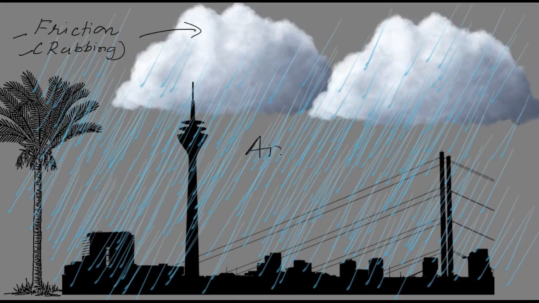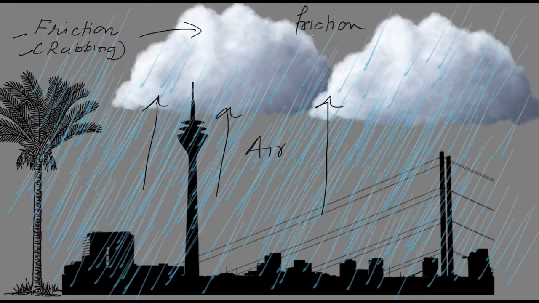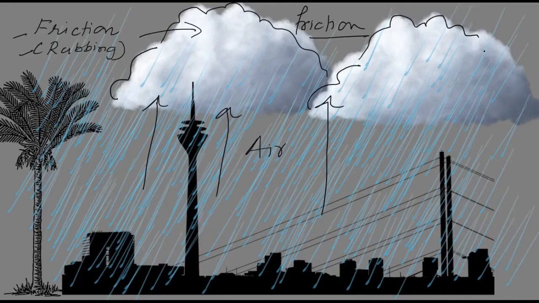Air will be rising up in all directions generally, but more towards upward. And there is continuous friction between the air molecules and water molecules. Basically these clouds are actually molecules of water, and due to constant rubbing they develop a charge. We have already studied this, right?